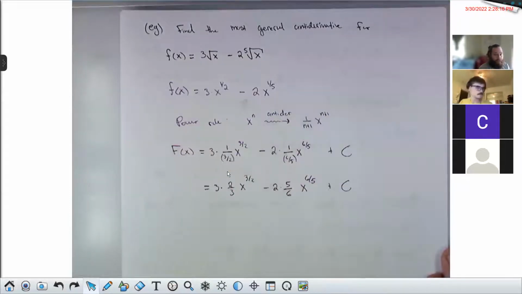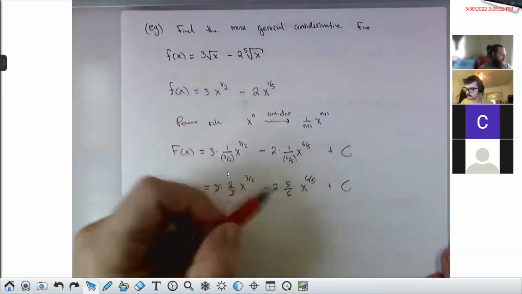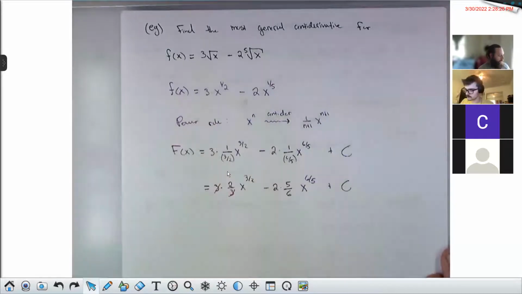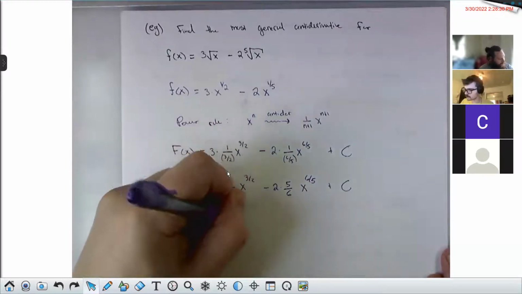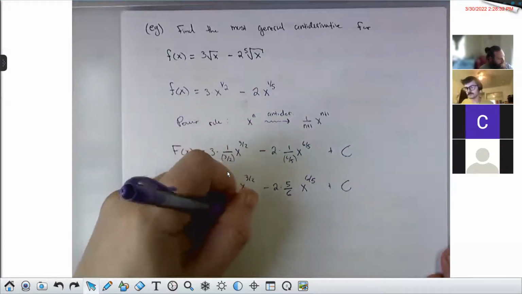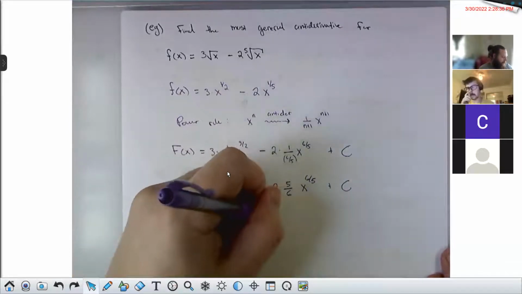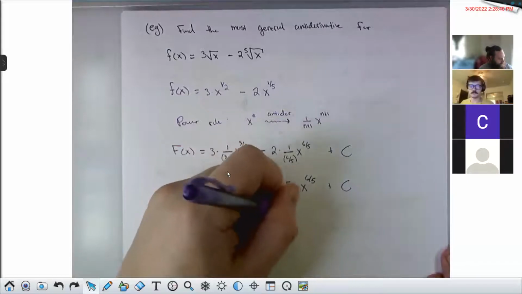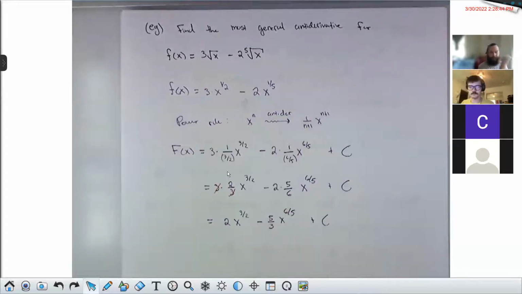And plus c. The 3's cancel in the first expression. The 2 and the 6 can talk to each other, canceling this into a 3. So I'm going to get 2x to the 3/2 minus 5/3 x to the 6/5 plus c.